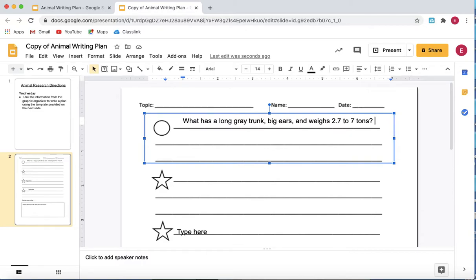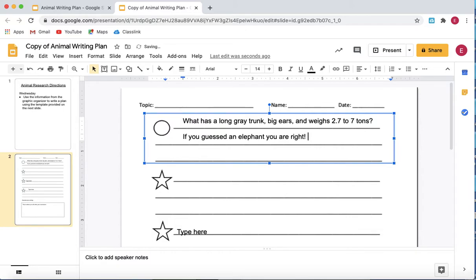So then I'm going to put, if you guessed an elephant, you are right.